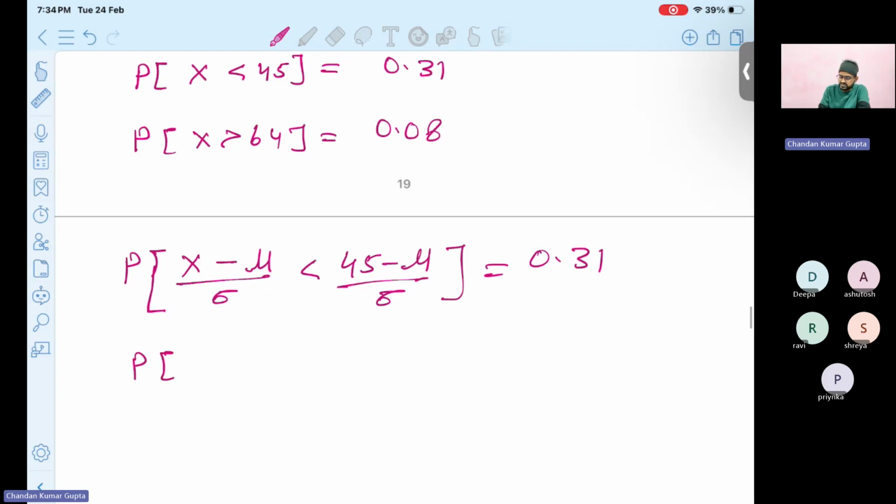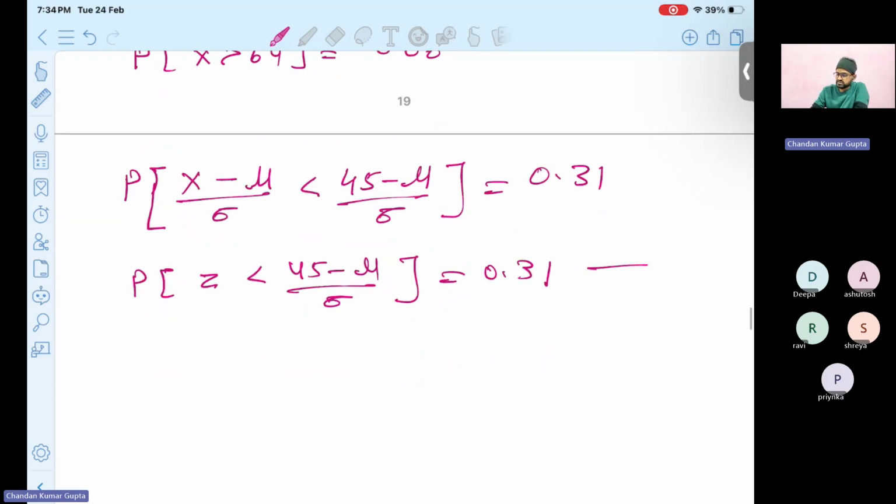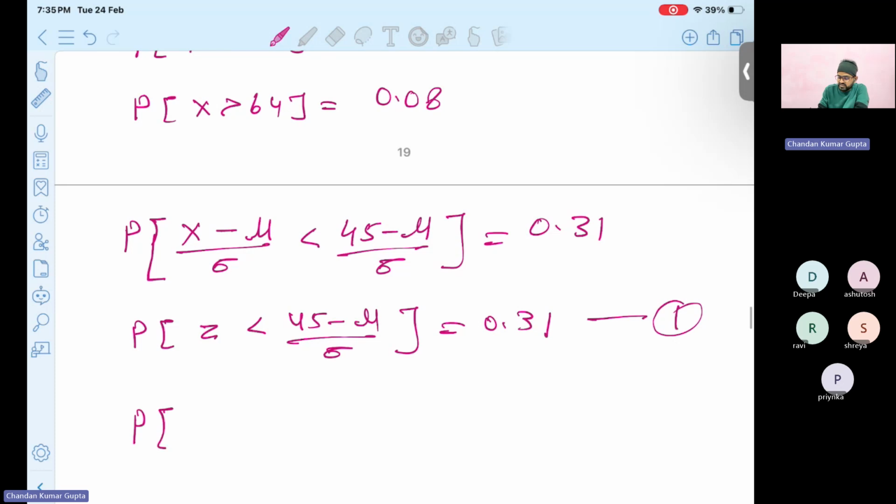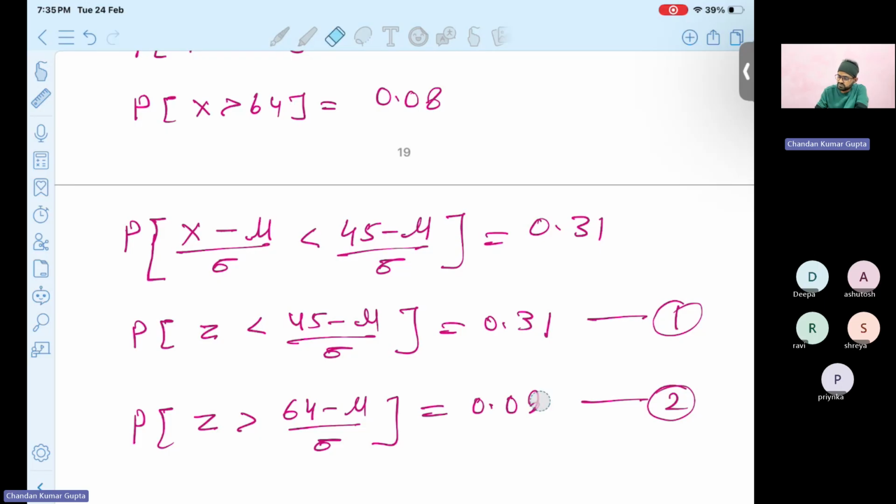That means the probability that Z is less than (45 minus mu) upon sigma is 0.31. This is our first equation. Now the second: Z greater than (64 minus mu) upon sigma equals 0.08. This is equation number two.